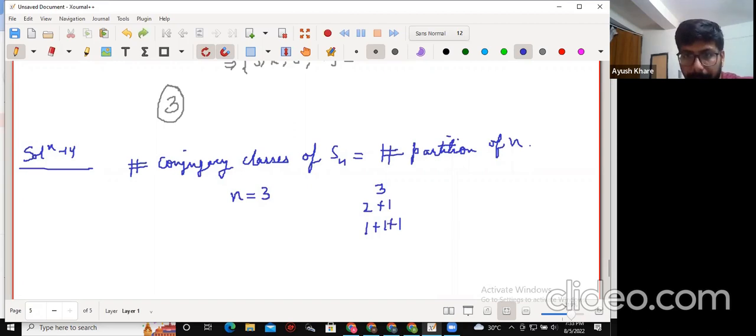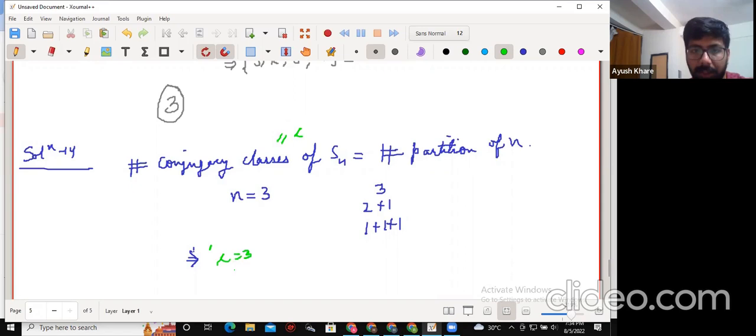So this implies the number of conjugacy classes, let's give it a notation, small c, is just 3.